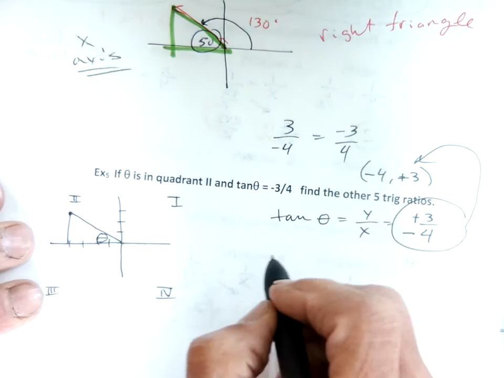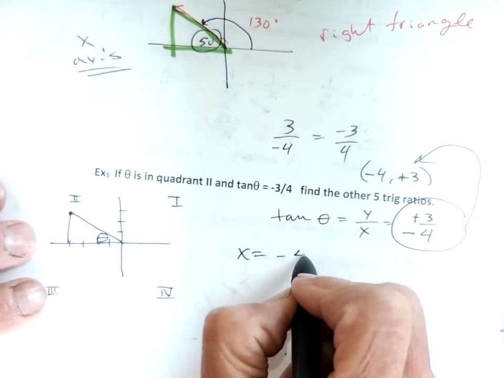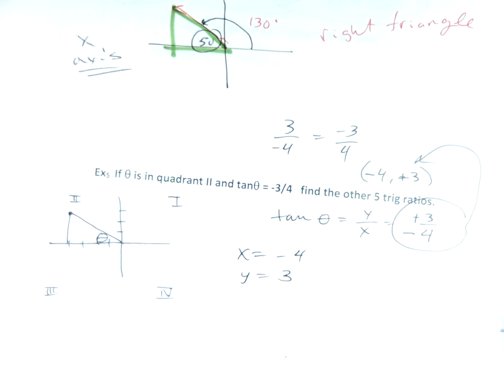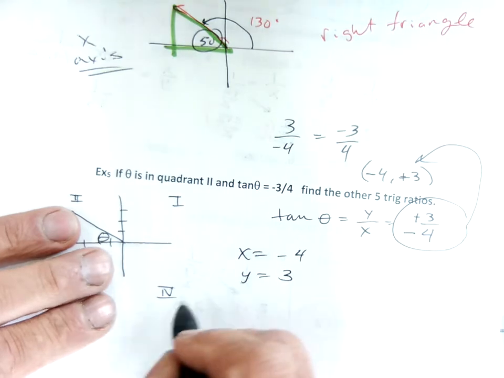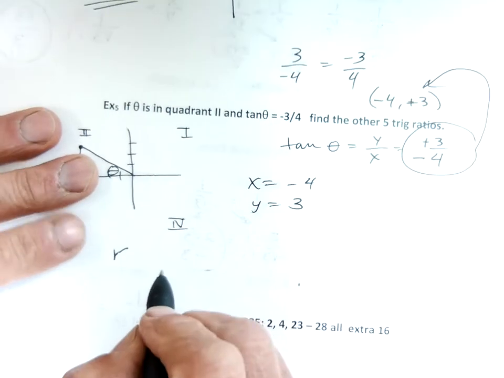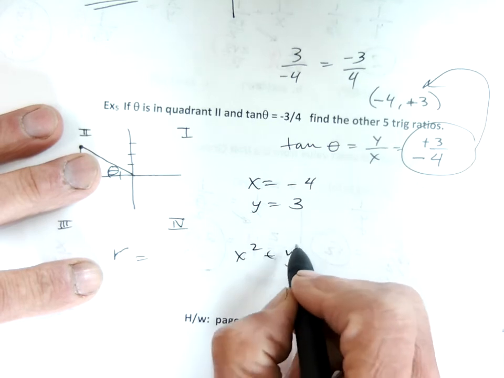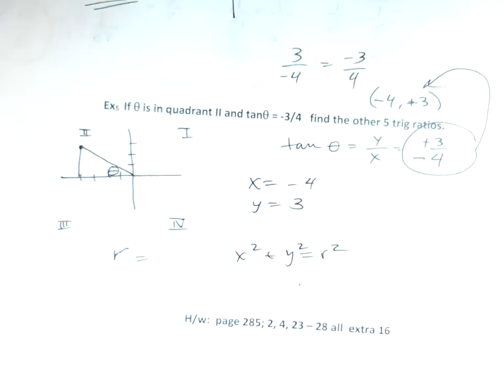So I know my x value is negative 4. My y value is positive 3. What I don't know is my radius, right? So if I had to find my radius, I'm going to go x squared plus y squared equals r squared.